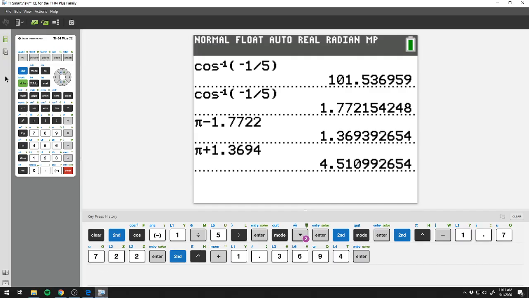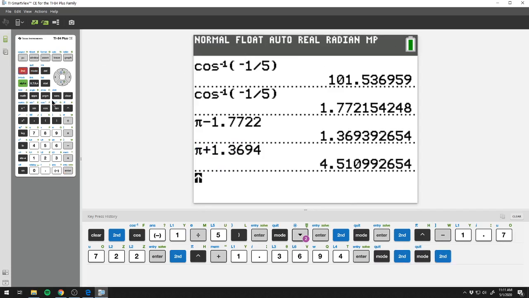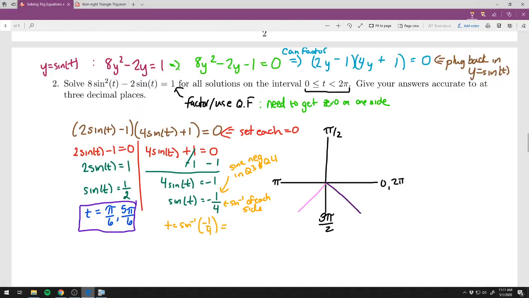Once again, we're in radian mode. And we do sine inverse of -1/4. We get -0.2527. Gonna round one spot farther, just like last time.